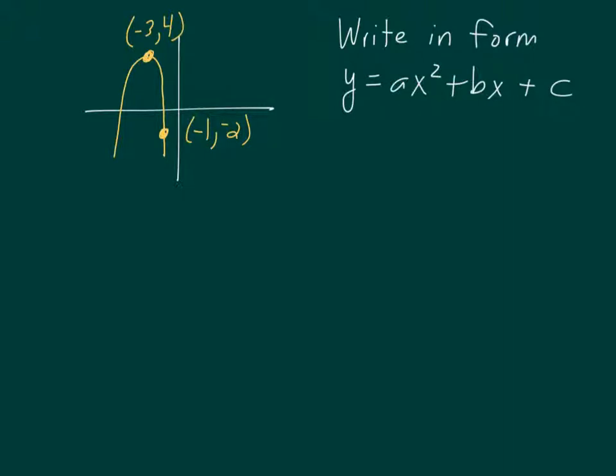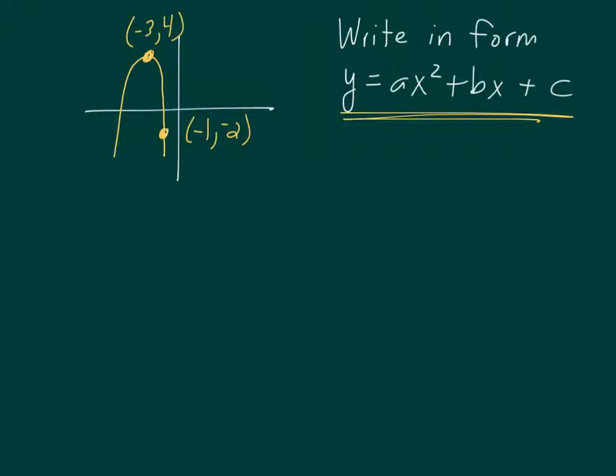Alright, in our last example here, we have a quadratic drawn for us where we see -3, 4 is the vertex, and this point, -1, -2, is just a random point on that graph. In the end, we are looking to express this in this standard form. So again, we can't just jump right to that standard form.